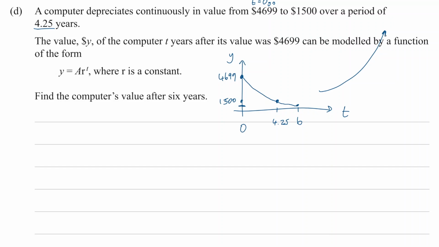It loses value, so we'd expect r to be less than 1, which just means every year it's losing some amount. But what does a represent? In an exponential model like this, a represents the initial amount or the initial condition. In our case, it's 4,699.